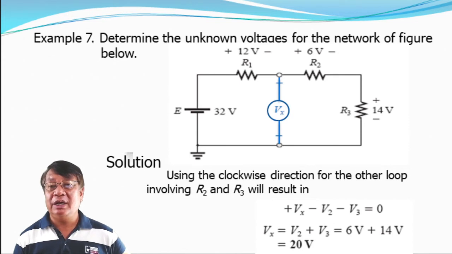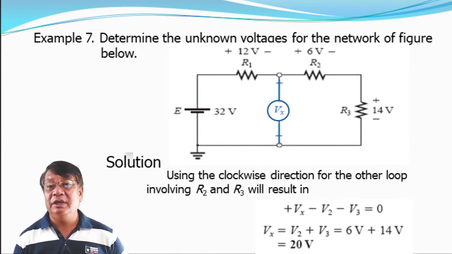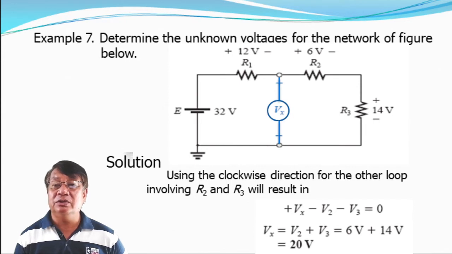We start here with V sub x, from negative to positive, so we have positive V sub x, minus the voltage drop across resistor 2, and minus the voltage drop across resistor 3. As you can see here, the voltage drop across resistor 2 is 6 volts.